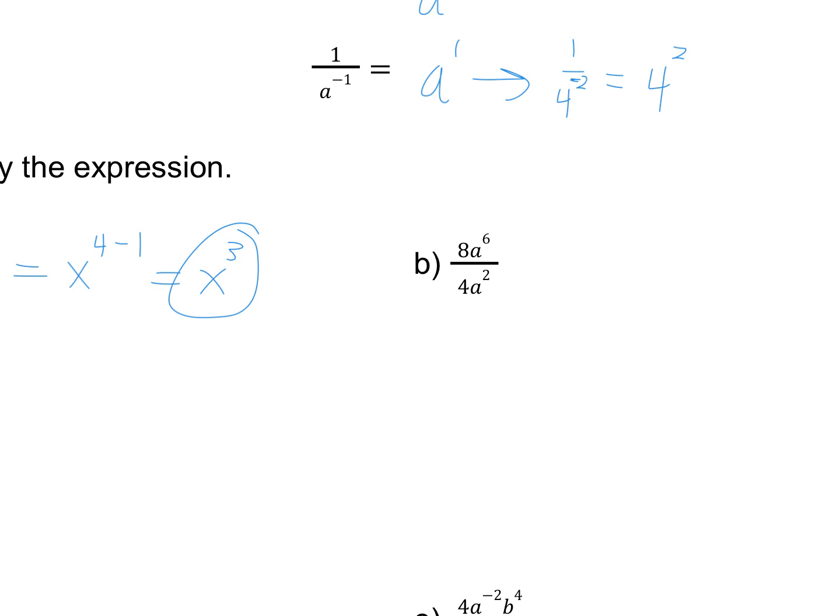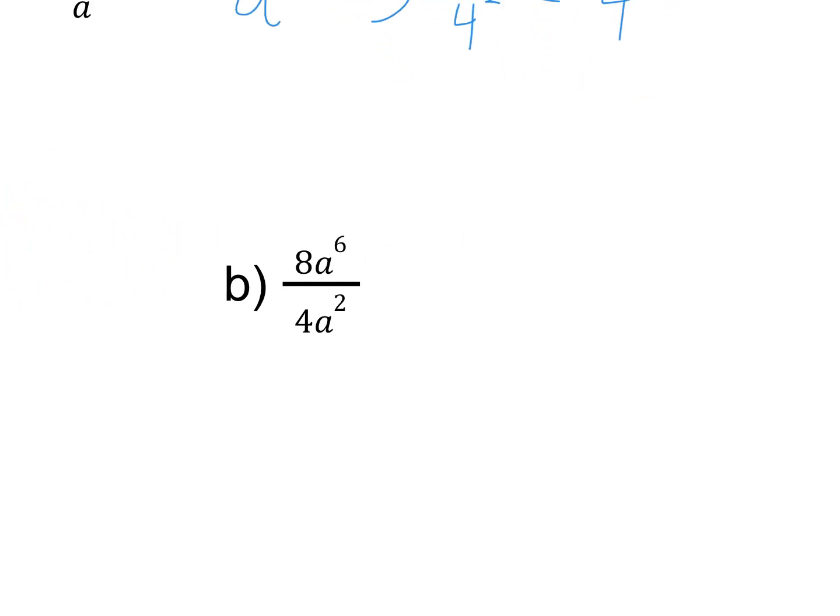Okay, let's try something a little more complicated. So just like when we multiplied terms with variables and coefficients, and we would multiply the coefficients first, if we're dividing terms like that, we're going to divide the coefficients first. So the very first thing I'll do is say, what is 8 divided by 4? That would get me 2.